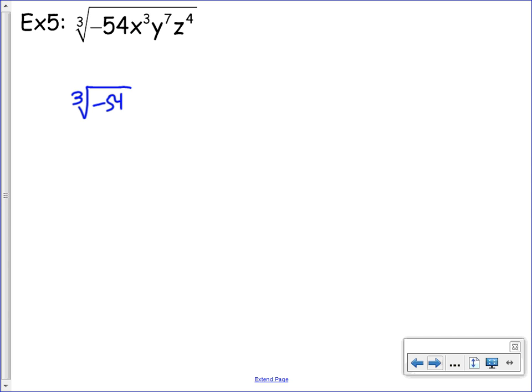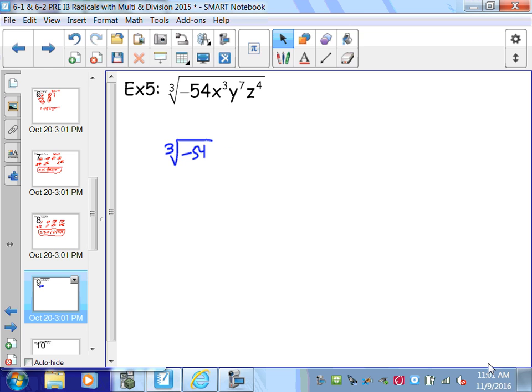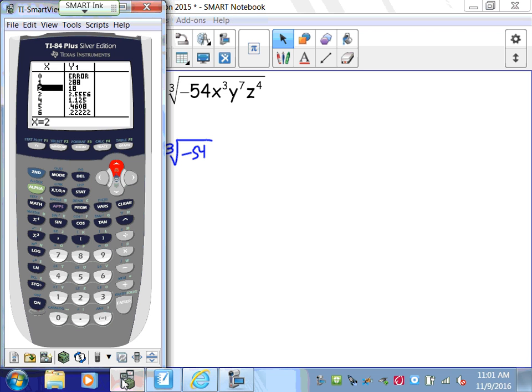For this one, since it's a negative, do you take the cube root of a negative? Yes. Alright, so on your y equals, you don't even have to worry about the negative 54 part. Clear. Just go 54 divided by x cubed, and let's see what happens.